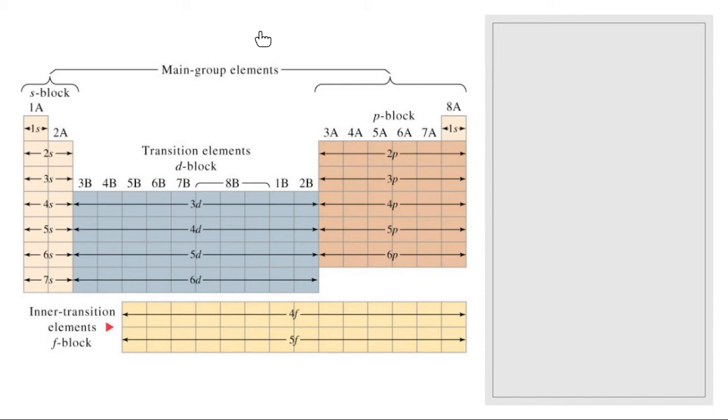Then the p block elements, always the last shell ends in the p orbital. And we have the transition metals, the d block, whose last shell ends in the d orbital.